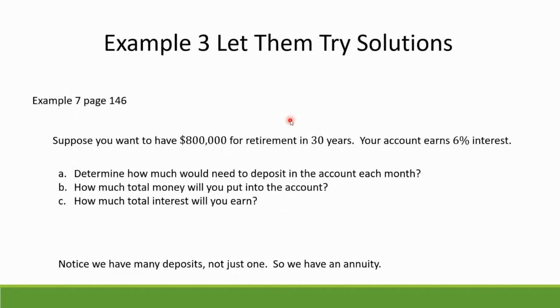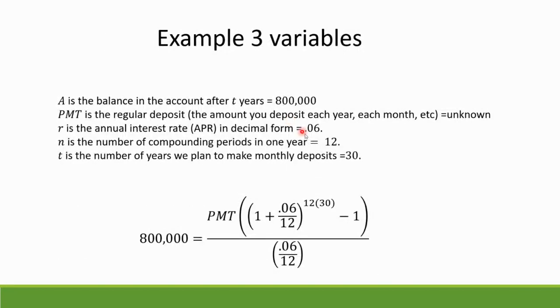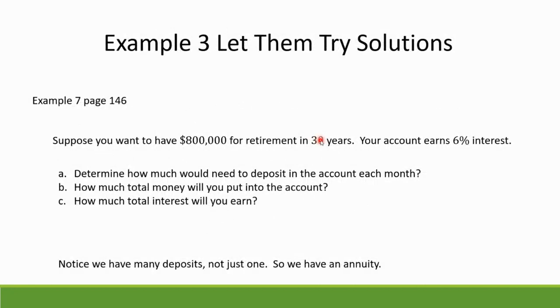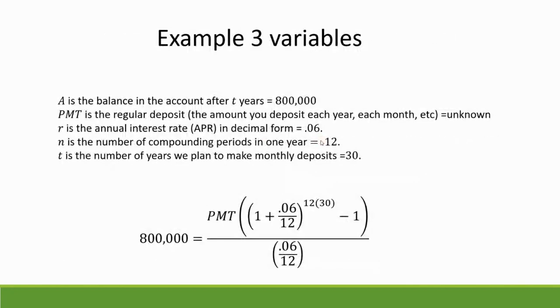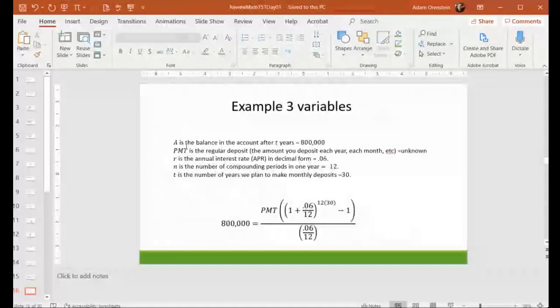That's what we're looking for, our PMT. We know the interest rate is 0.06. We have to write it as a decimal. Again, we're assuming it's being compounded monthly, meaning it's compounded 12 times a year. And this is going on for 30 years. Because of that, we have our formula here.